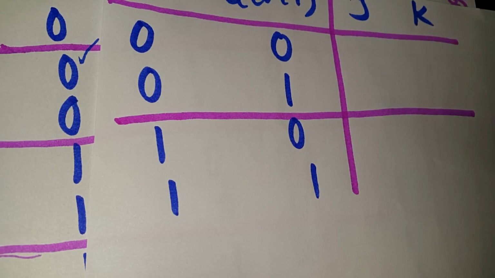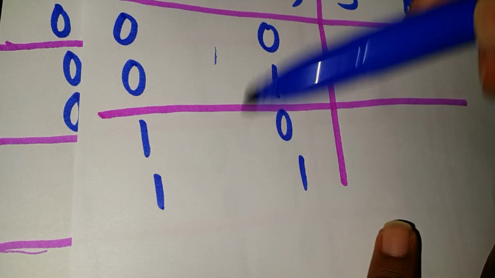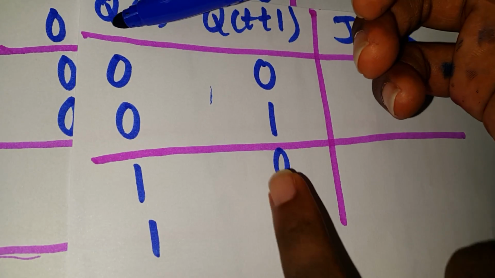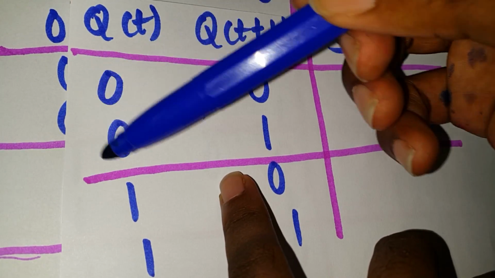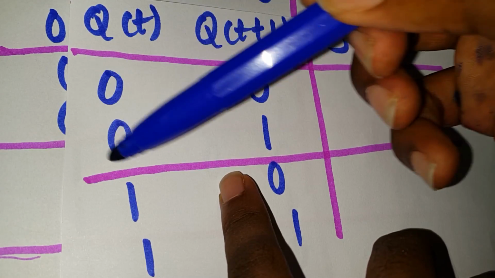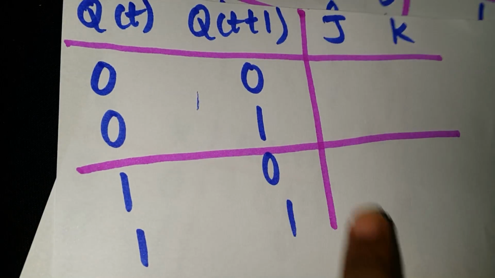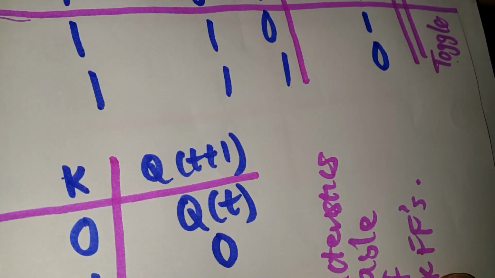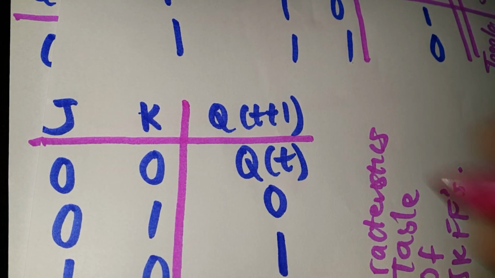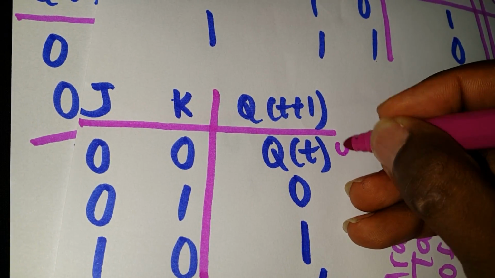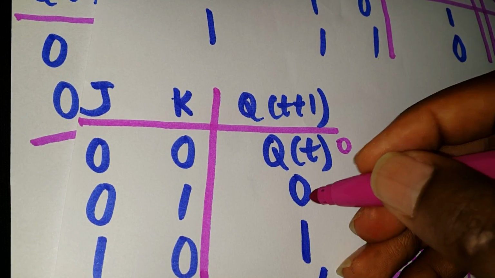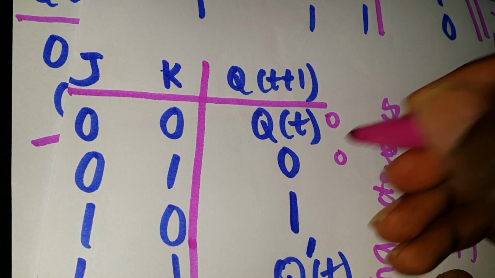Let's look at our table here. Here Q of T in this block is what? It is 0. In this block Q of T is 0 here. So now we make Q of T 0 here. Make it 0 here. Here is still 0.